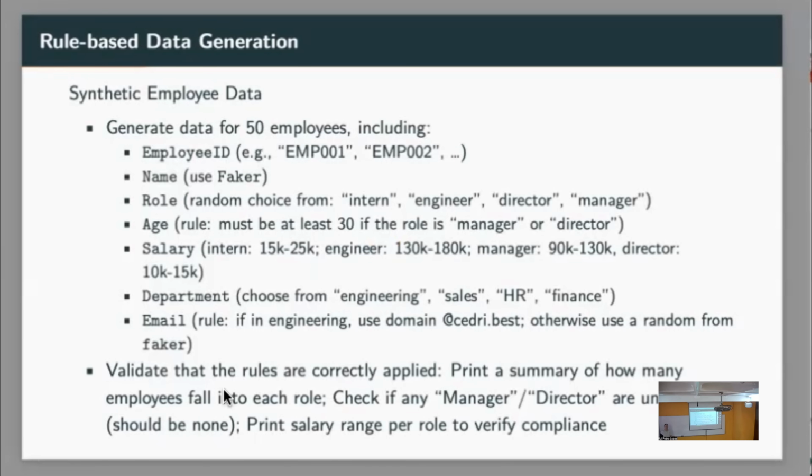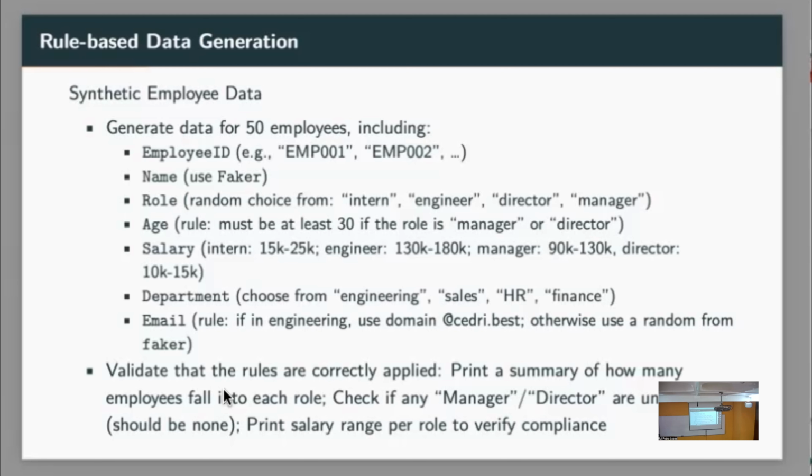Okay, homework. Very similar to before. We have some rules. You look, for example, the name is the same. We use faker. The role, random choice between several. The age. This is very similar to the one before. Yeah, it's the same. I get it.